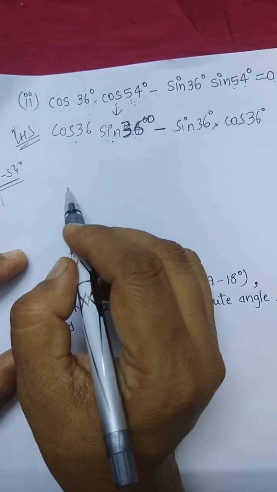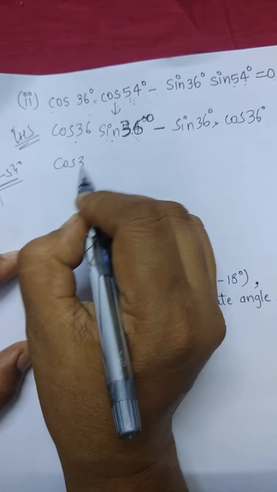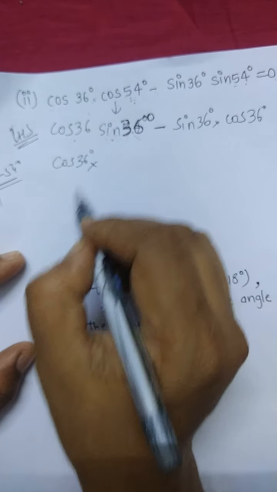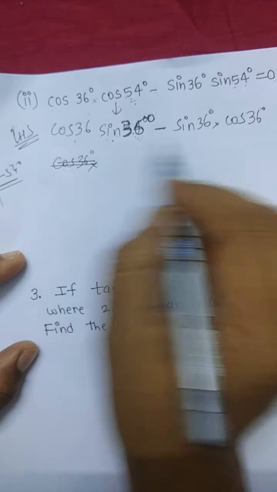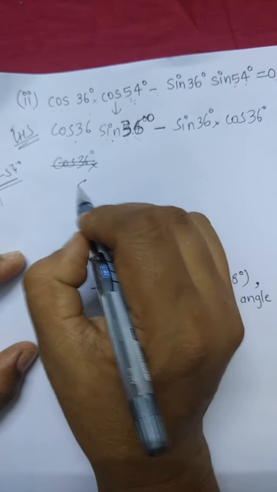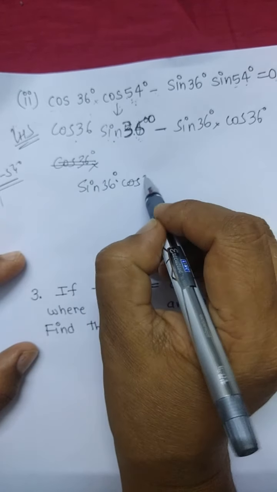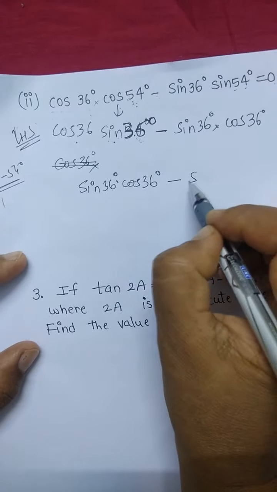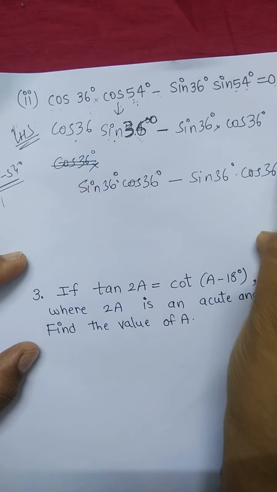Now cos 36 degree into, we got it here. You write, arrange it and write properly. First write sine 36 degree into cos 36 degree minus sine 36 degree into cos 36 degree.